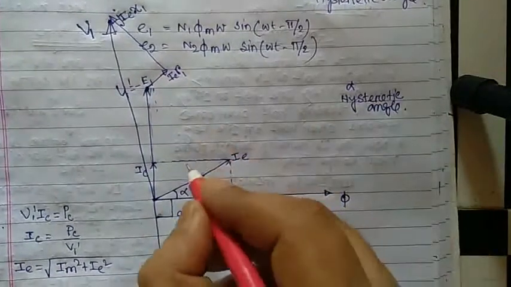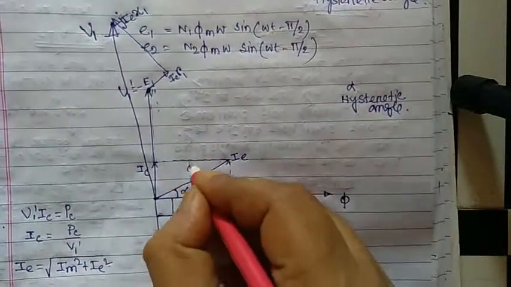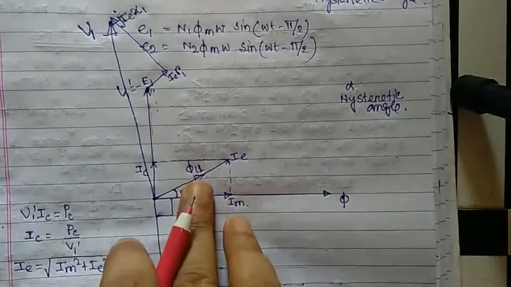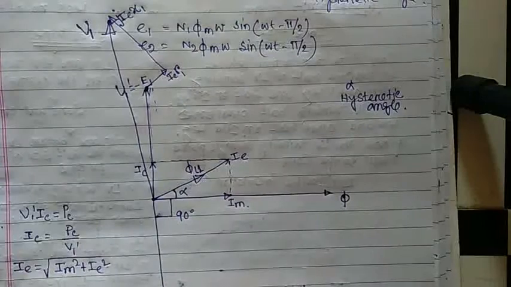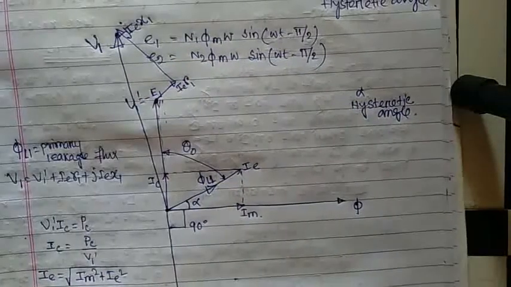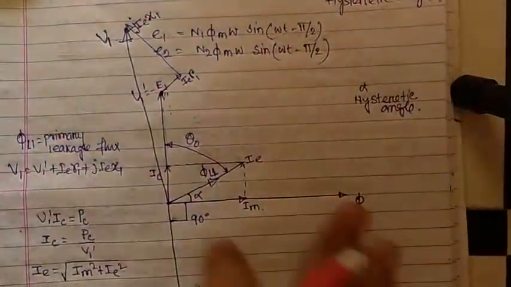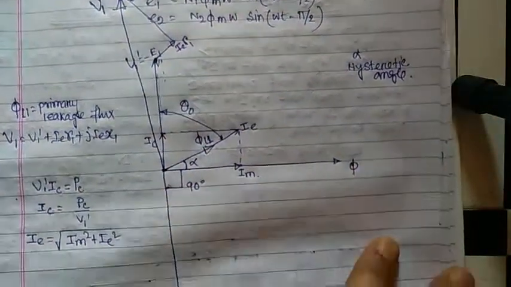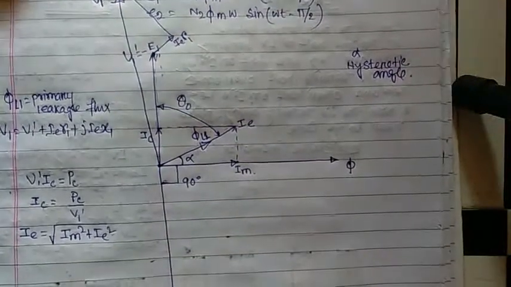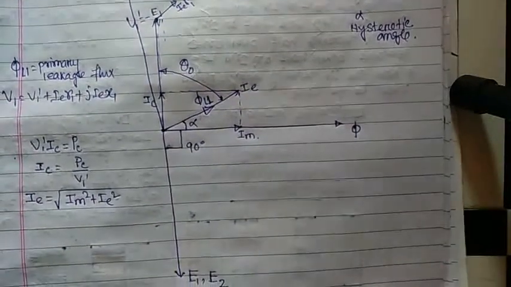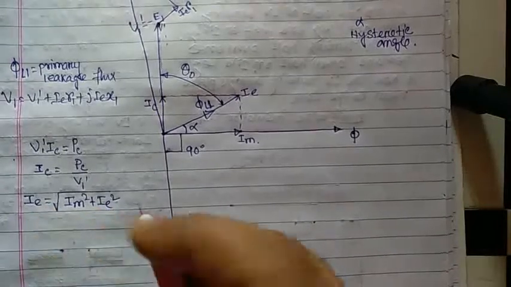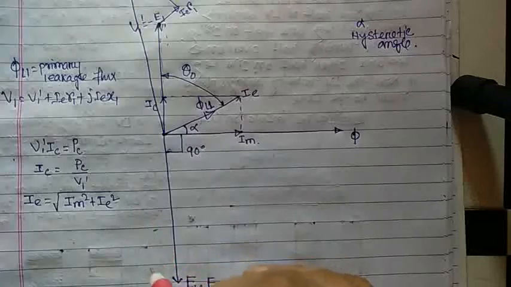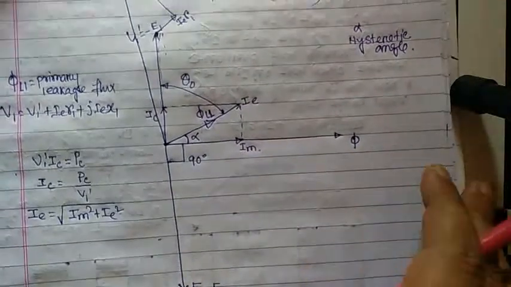So this is the phasor diagram of a single phase transformer at no load condition. At no load condition, the secondary side current is 0, so there is no I2 value or V2 value. Thank you.